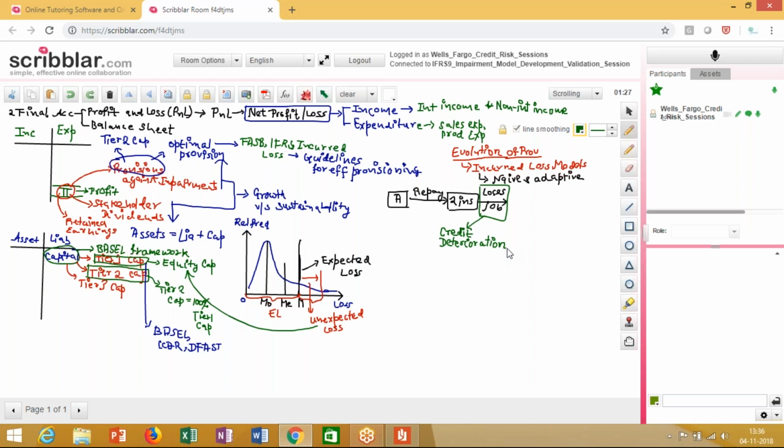Now, when this event actually happens, so this is credit deterioration, there's a loss triggering event. After this loss triggering event has happened, the next part is that he will take some time to report the event.